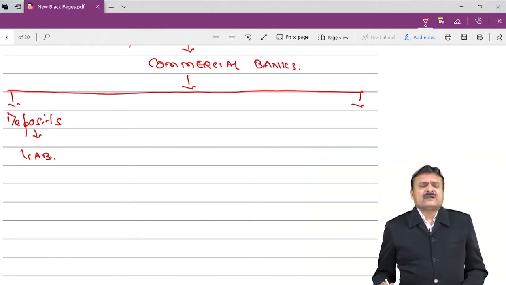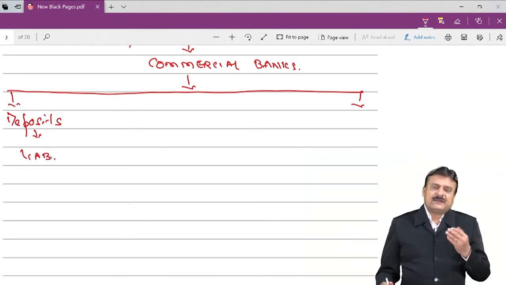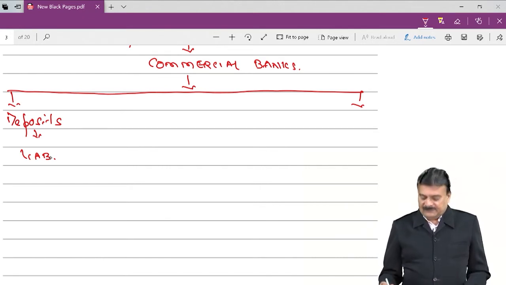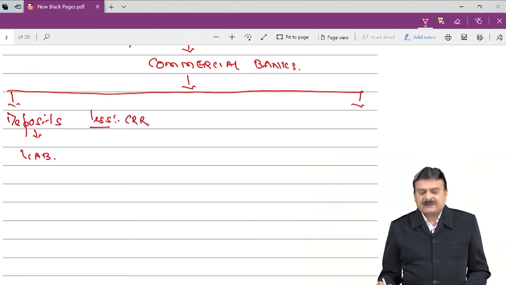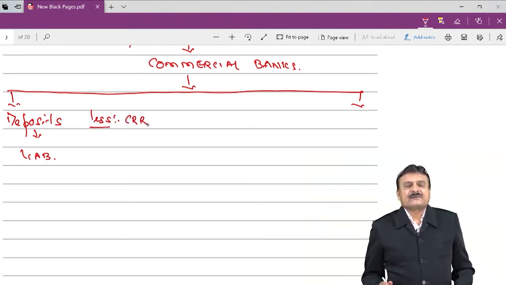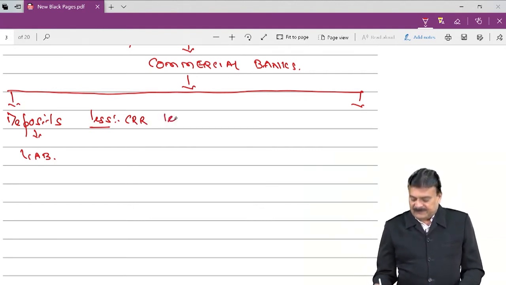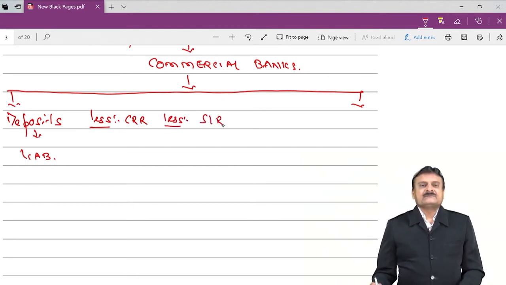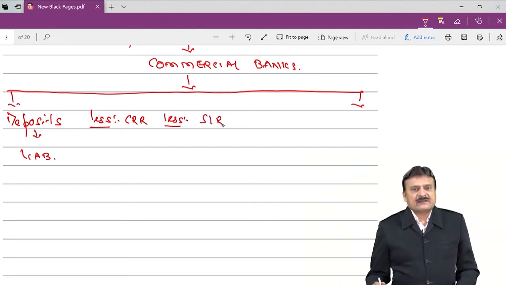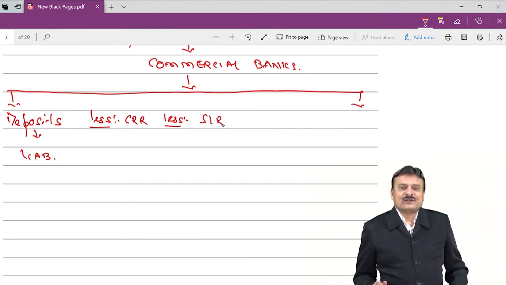When the bank accepts deposits, the bank will get money. From this money, some amount is subtracted and kept as cash, CRR, with Reserve Bank of India. After keeping CRR, the bank will keep some SLR, required by the Banking Act, statutory liquidity ratio.